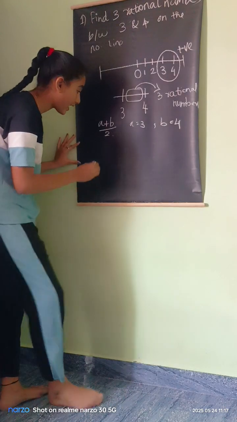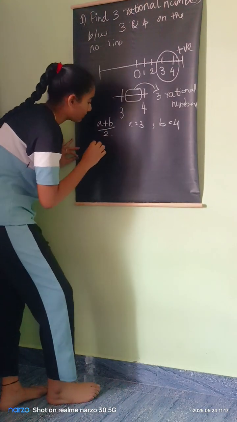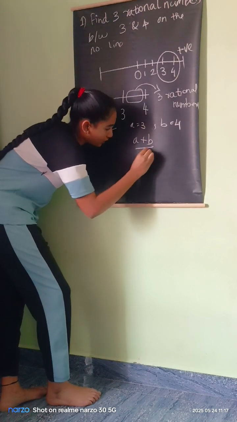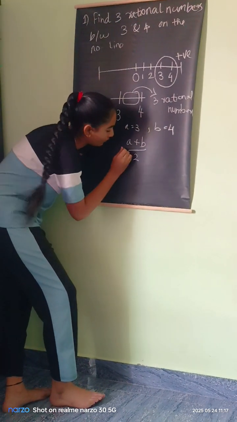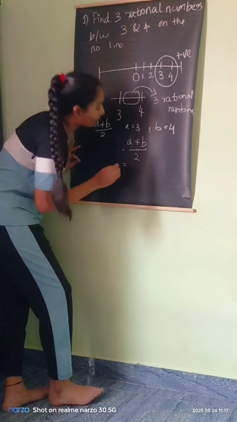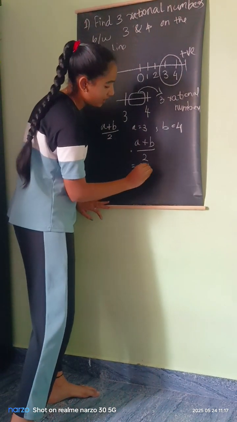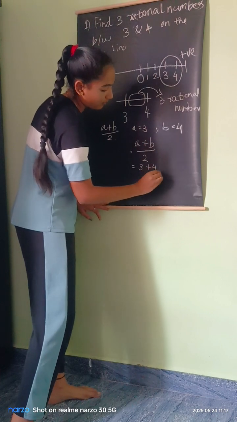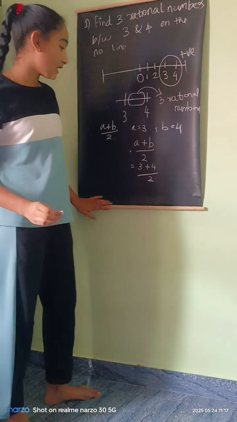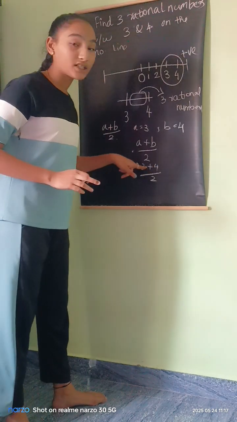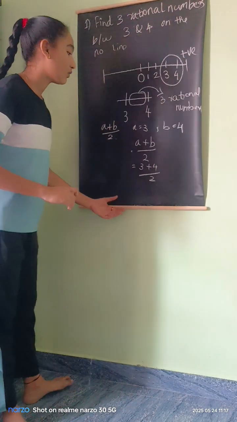So let's substitute and solve. (a plus b) by 2, where a is 3 and b is 4, by 2. Here we can't cancel the 2 and 4 because there is an addition in between the 3 and 4.